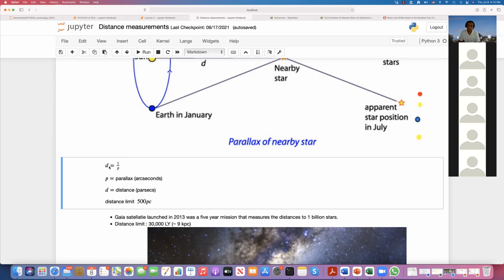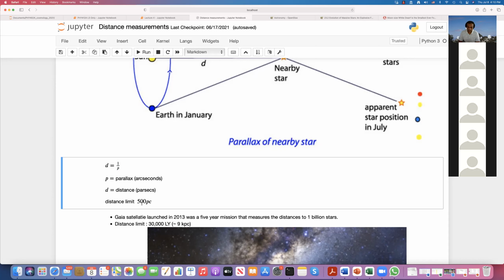Right? In this way, you can measure distances up to 500 parsecs, right? And 1 parsec is equal to 3.26 light years. And we have discussed these things in very early lectures. If you can't remember, you can go and get it.